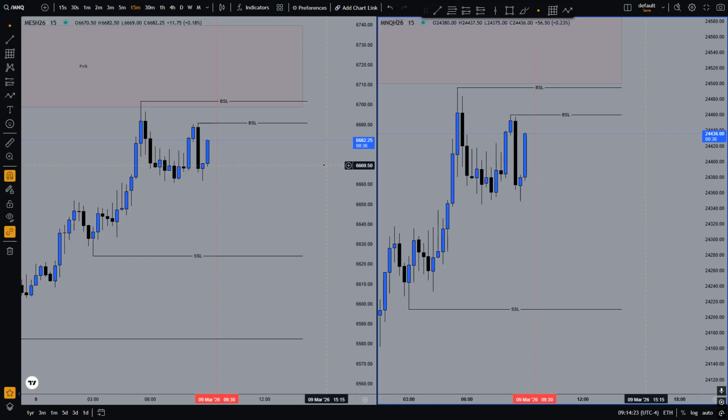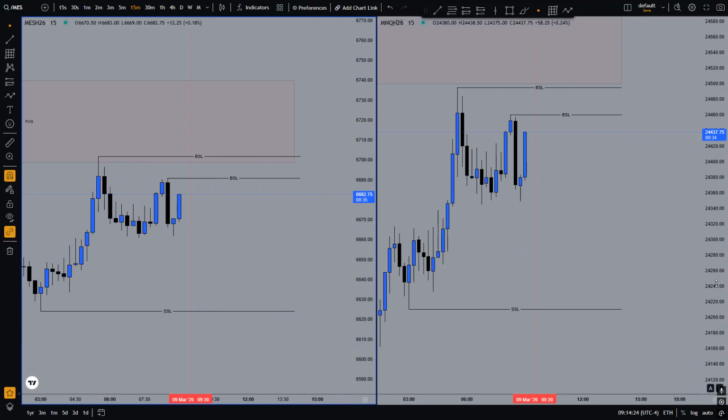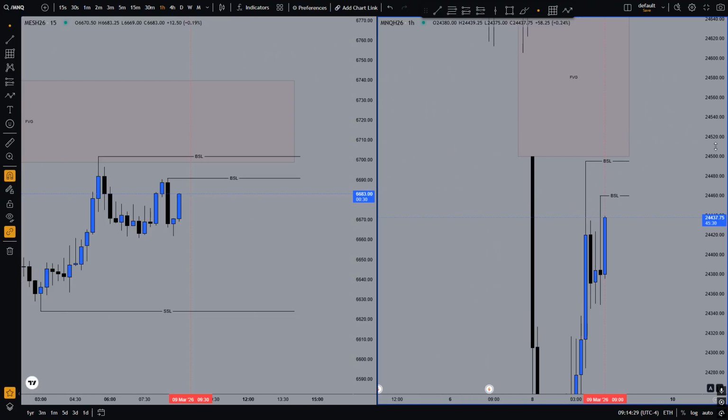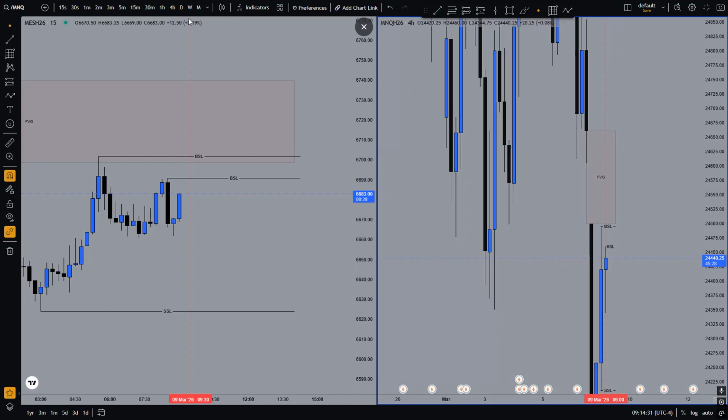So it looks like NQ is getting higher here, getting closer and closer to buy side. NQ did not yet tap this gap as well. ES did.